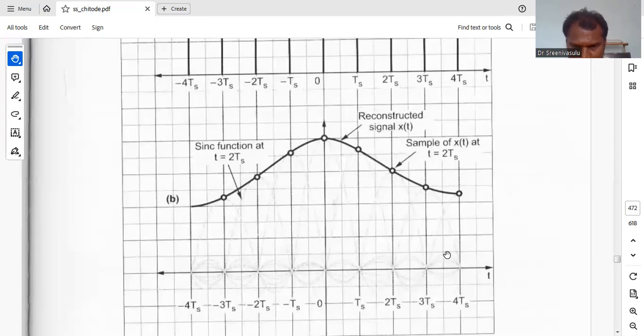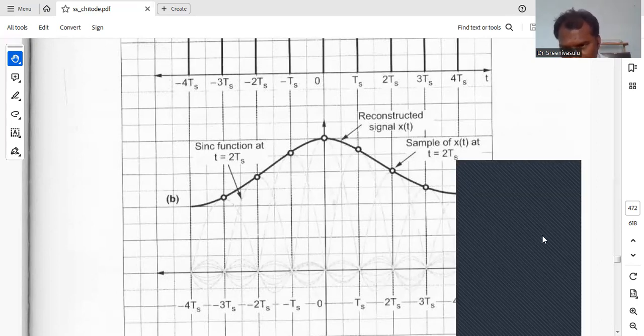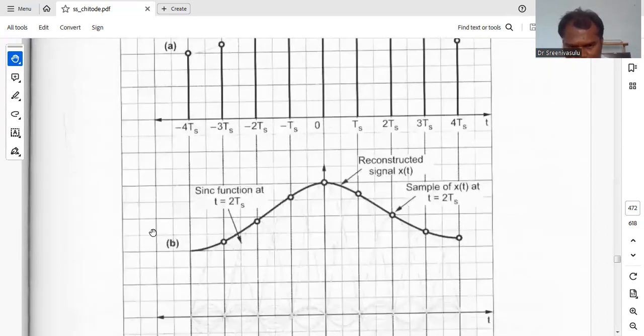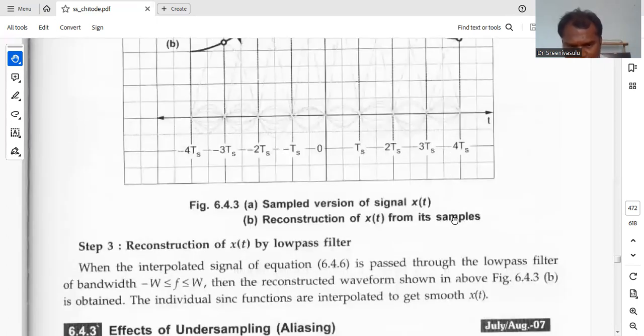The maximum amplitude of these sinc pulses is going to be like our sample. So it is the reconstruction of the signal from its samples. Now, if you observe, whatever your x delta of t signal is, approximately we have reconstructed here.